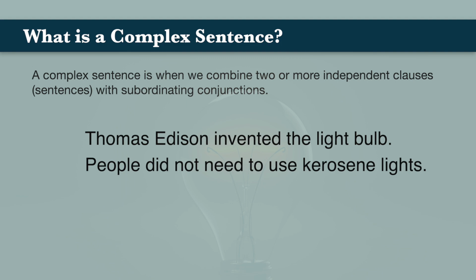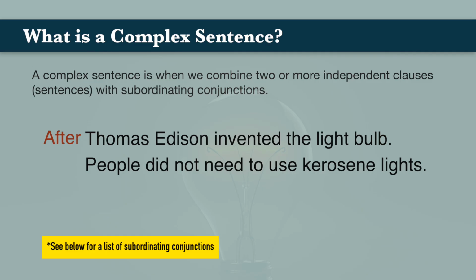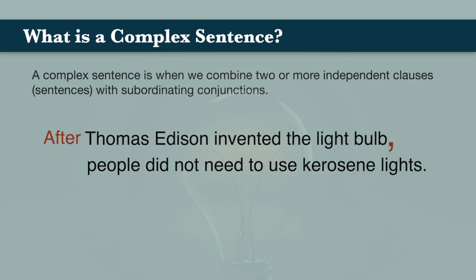But if we combine them by adding a subordinating conjunction, let's say after, to our first sentence and change this period to a comma, now we have a complex sentence. And the relationship then becomes clearer. After Thomas Edison invented the light bulb, people did not need to use kerosene lights.